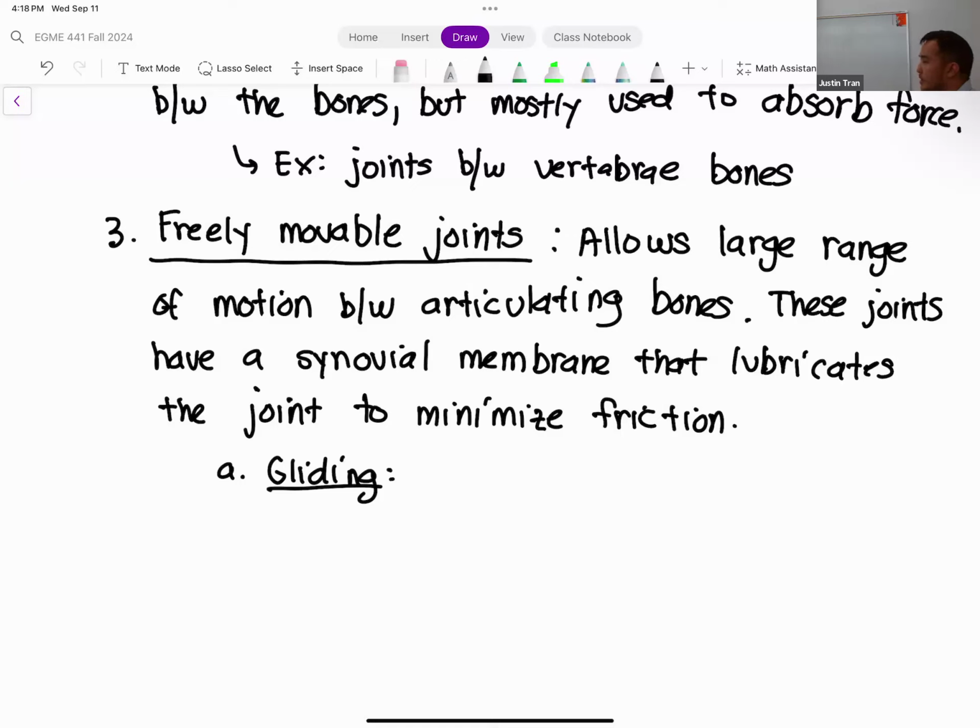Gliding joints occur between bones that are mostly flat, and they allow for motion of the bones to slide towards each other, away from each other, and past each other.